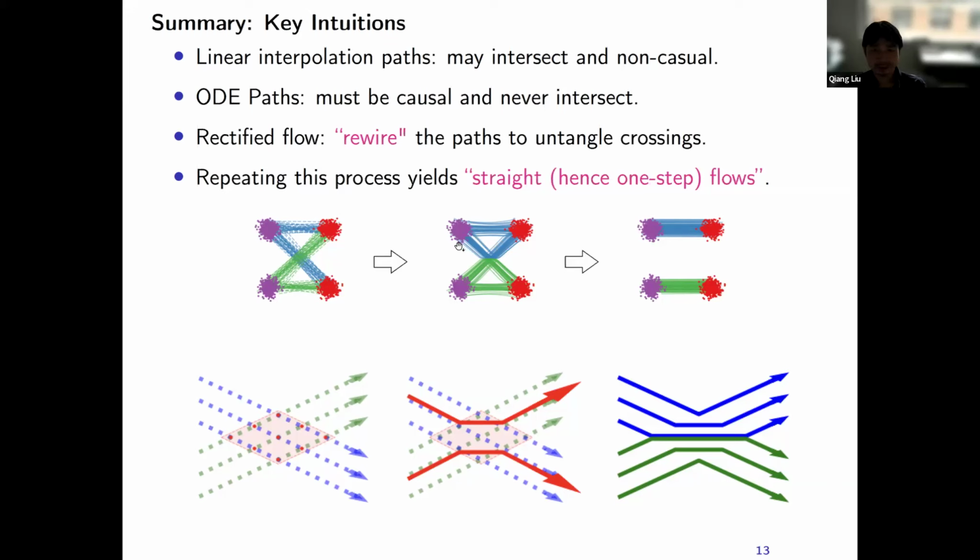After we train the first differential equation, we reconnect the starting point and end point of the differential equation with a straight trajectory and repeat the process. We fit another neural network to get another ODE. And if the straight trajectories don't intersect, then we will fit a differential equation that is pretty straight, right?